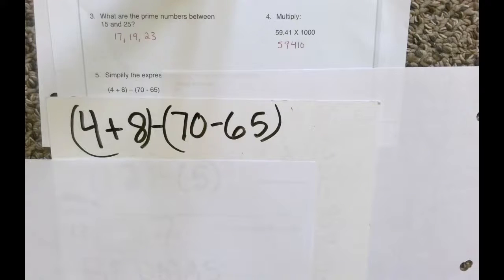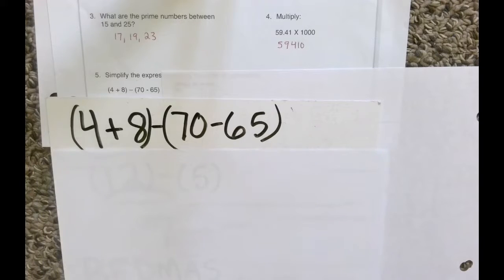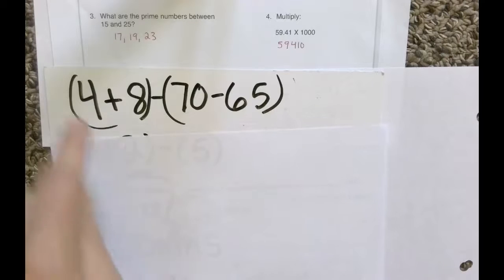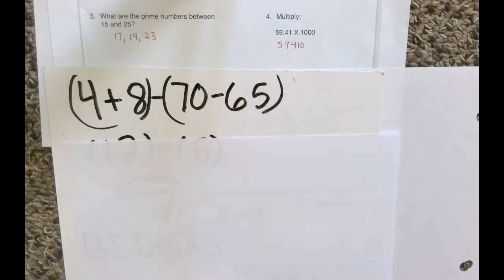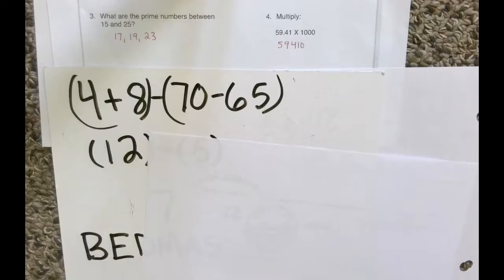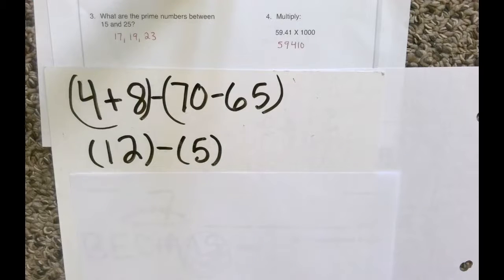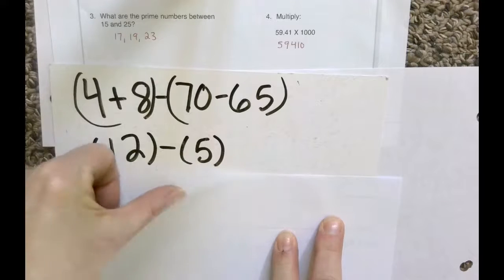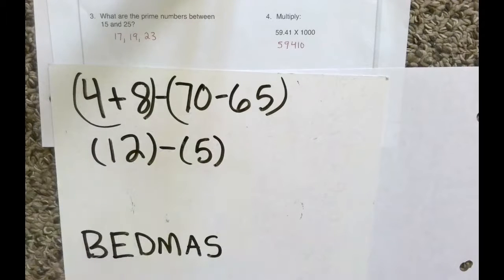Finally, number 5, simplify the expression using order of operations. Alrighty, guys and ladies, we're going to use our rules of BEDMAS. So first of all, we're doing our brackets, the B of BEDMAS. So 4 plus 8 is 12, and 70 minus 65 is 5. So the next part of BEDMAS is your exponents. And we don't have any exponents.